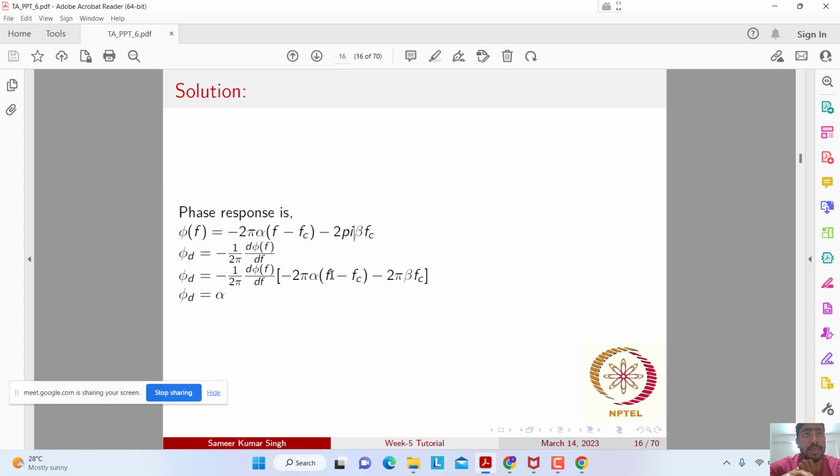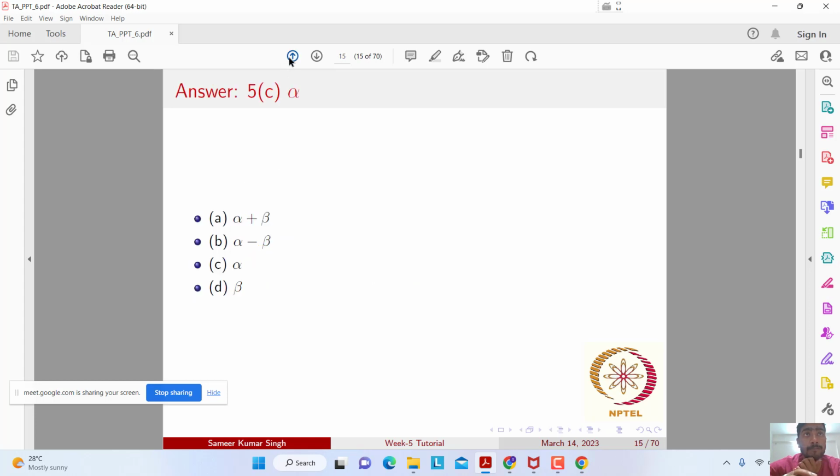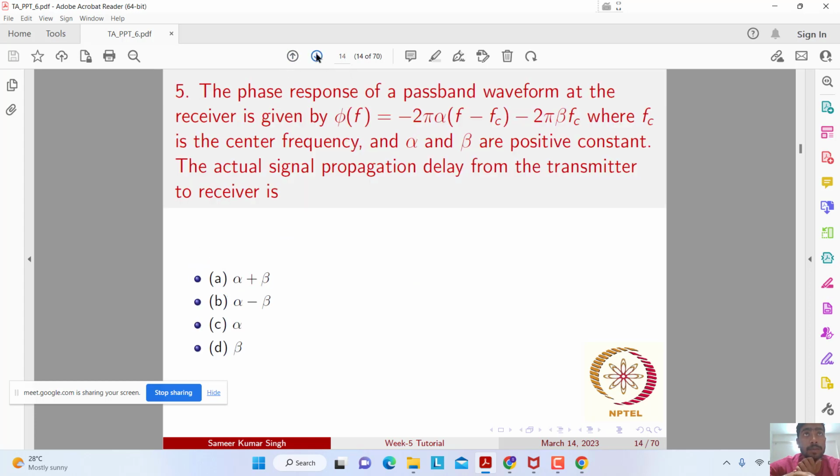From there we will get minus 2 pi alpha. For fc it will be 0. Similarly for this term it will be 0 because we are differentiating with respect to f, not fc. So minus 2 pi will cancel out with this term, so alpha will be the answer. So C part will be the answer.